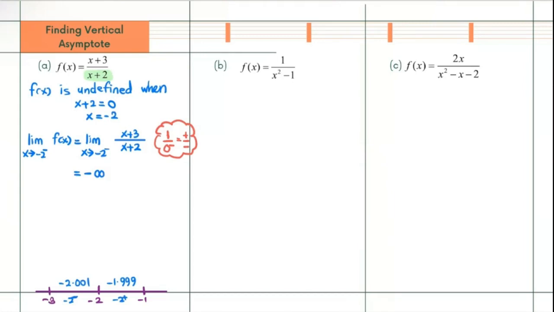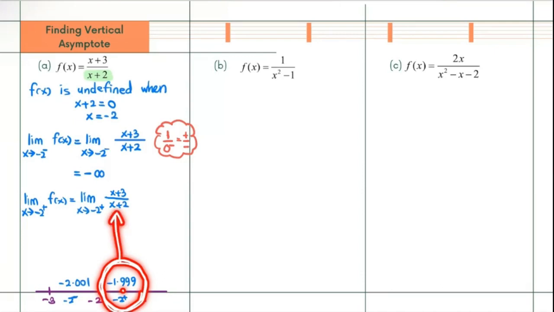Okay, and then kita check pula limit of X approaching negative 2 from the right. So negative 2 from the right, sekejap saya masukkan dahulu function dia. Okay, so negative 2 from the right adalah kawasan sini. So saya akan gantikan negative 1.999 into our function here.